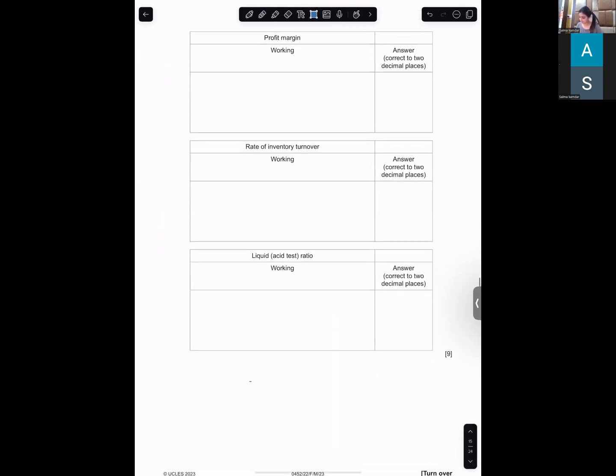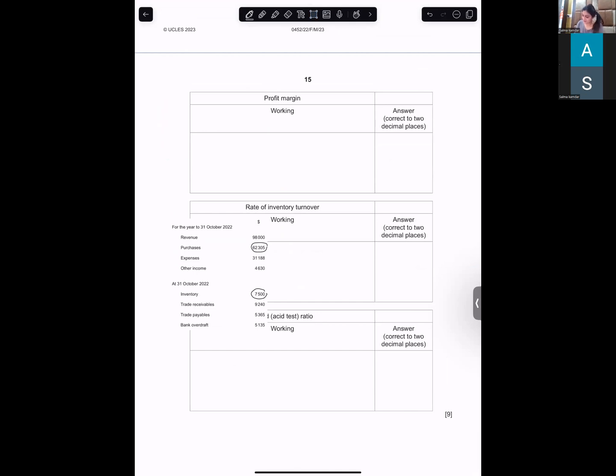Now what they want from you is the profit margin. How do you get the profit margin? We need to get the net profit first. Gross profit add other income minus other expenses will give you the profit.